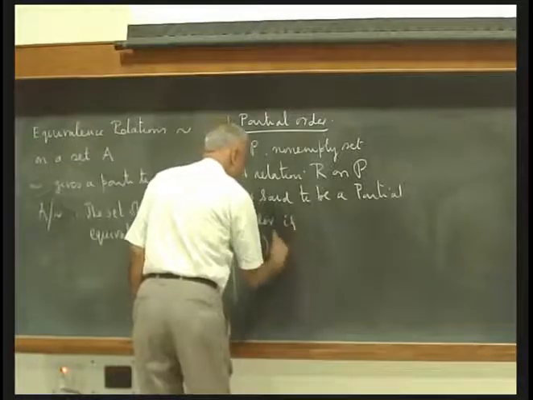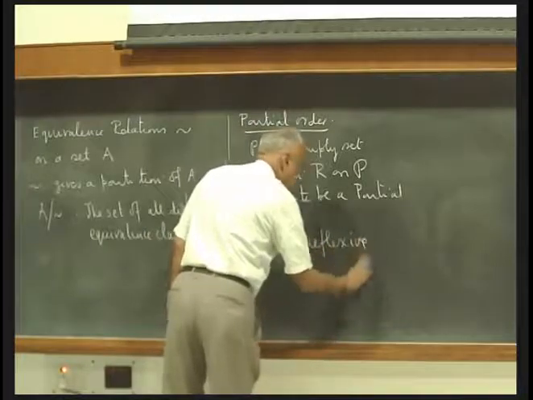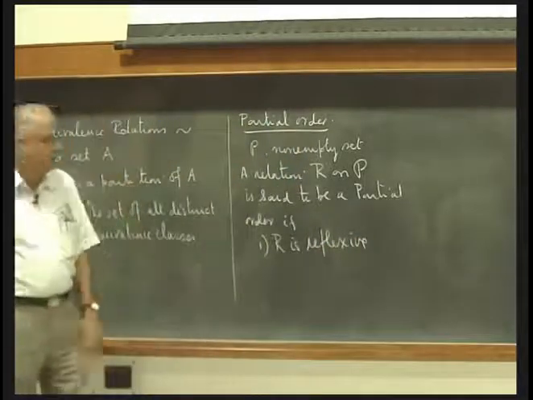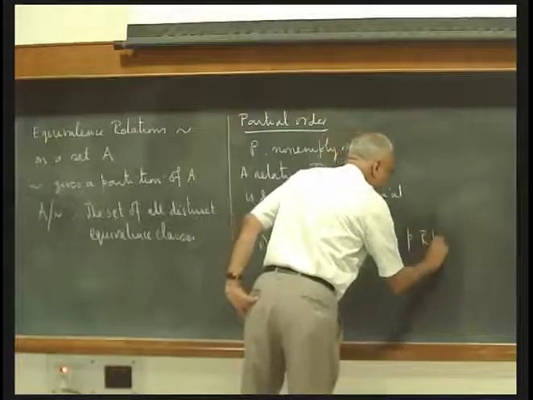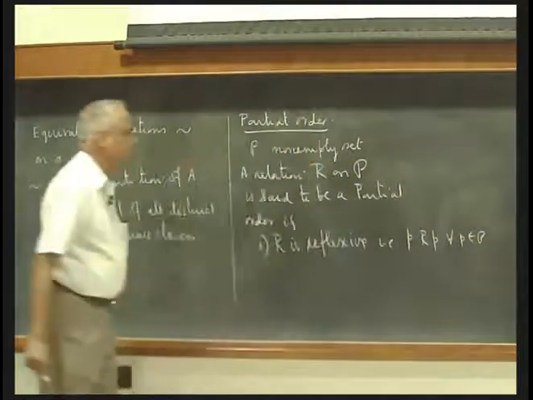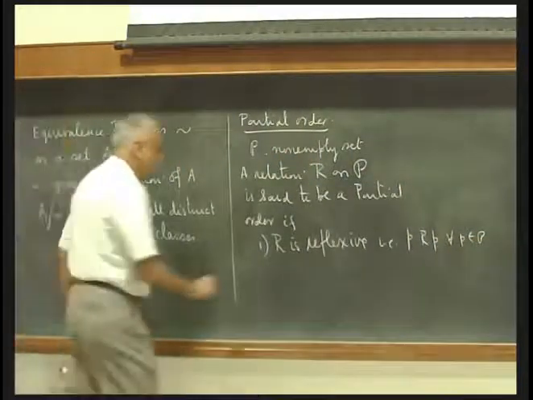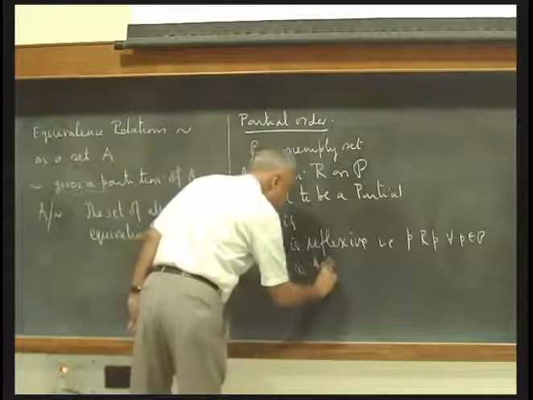One, R is reflexive, which was also the case with equivalence relation, that is, P R P for every P in P, and two, R is anti-symmetric.